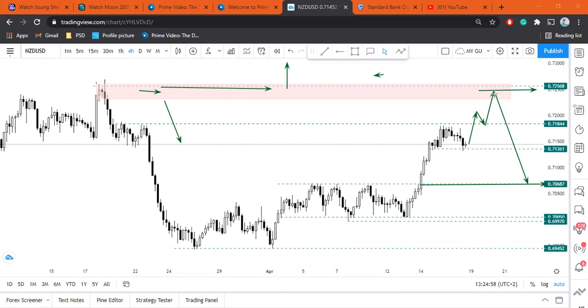Go higher and reach this area and then come back here. But if it doesn't break this high, and then it drops from here down to break this range, then we would just be setting our buy limits around this area for price to go all the way to the next high. Because if price has already reacted to this high, this high becomes invalid. Only this new high that has been created is the high that price has to break.